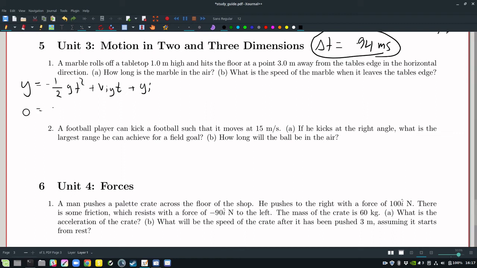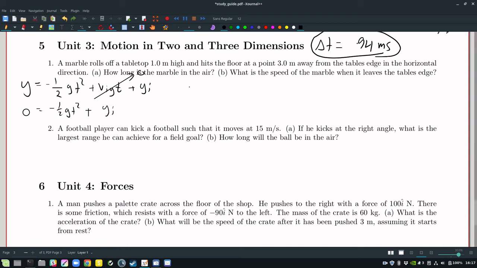It actually doesn't have any initial y velocity at all, because it's just falling off the table. The initial velocity is actually in the x direction, so that term goes away because v_iy is 0. And the y initial is the height of the table.